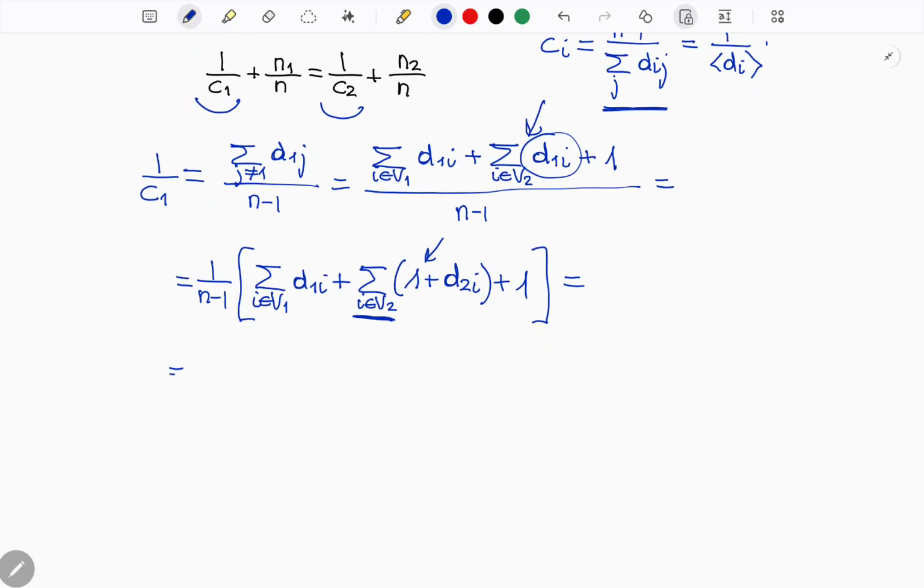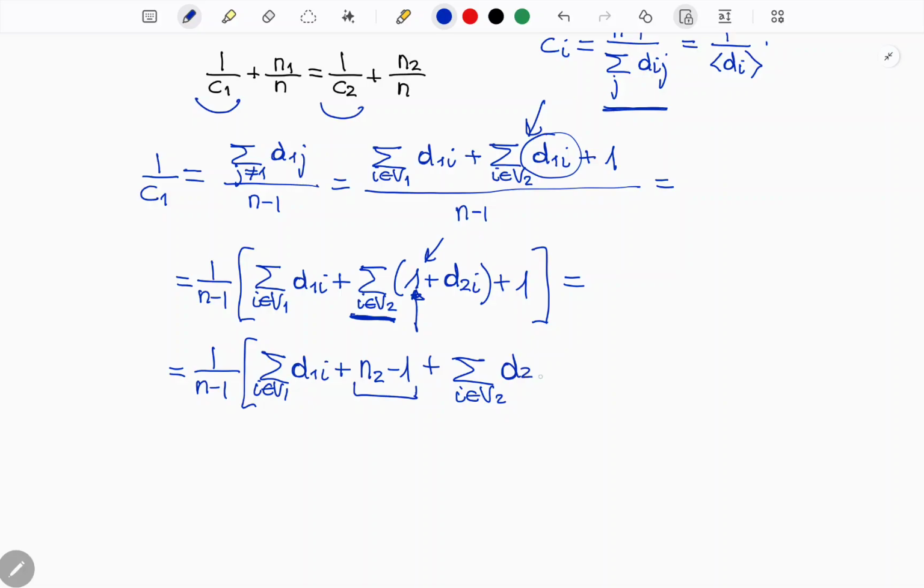So this is equal to 1 over n minus 1, then this summation, which is exactly the same, d_1i, plus n2 minus 1, which is the addition of 1 for all the nodes in V2, plus the addition for all the nodes in V2 of d_2i, plus 1.